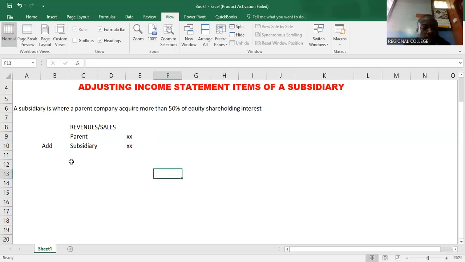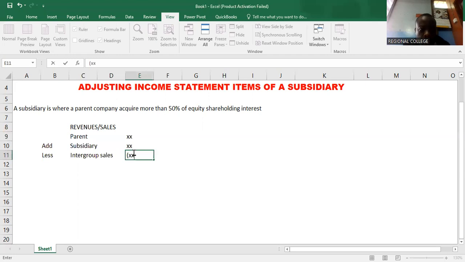Then you check the additional information. If the two companies make some trades, the intergroup sales, where one is selling something to another, that amount should be eliminated. So you less intergroup sales. That value will be given in the additional information. You deduct it so that you get the value of your sales.